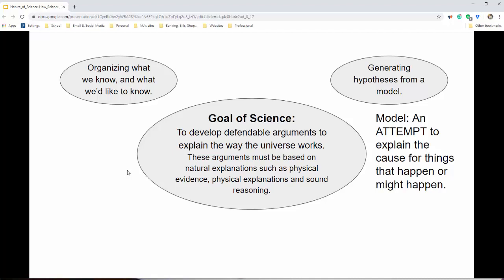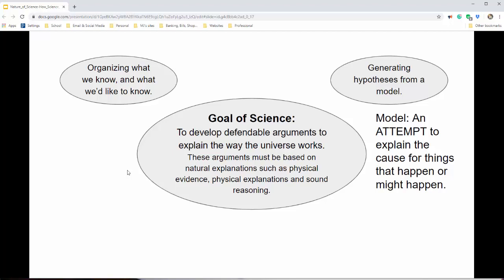Okay? That's my model for this class. In other sciences, model can take different forms. So while I need you to be locked into the word cause for this class, I don't want you to be locked into it for other types of science. Okay? It's the mechanism we use for figuring things out.